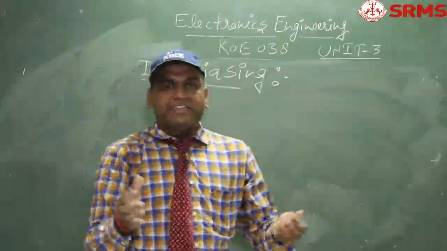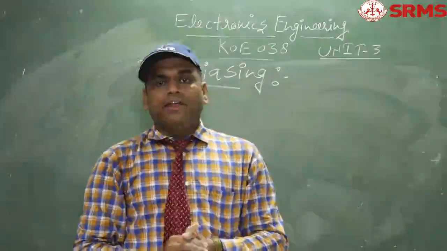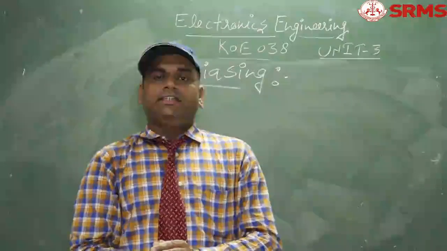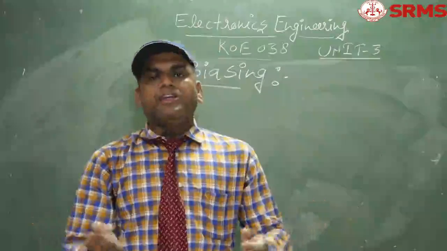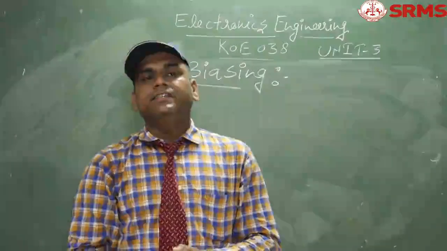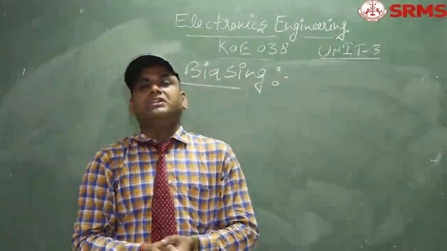So why we are using the biasing? With the help of biasing, the region of operation for any given transistor can be defined, because it is well known to all of us transistor can be used as amplifier in active region. Transistor can be used as an open switch in cutoff region, and transistor can be used as a closed switch in saturation region.